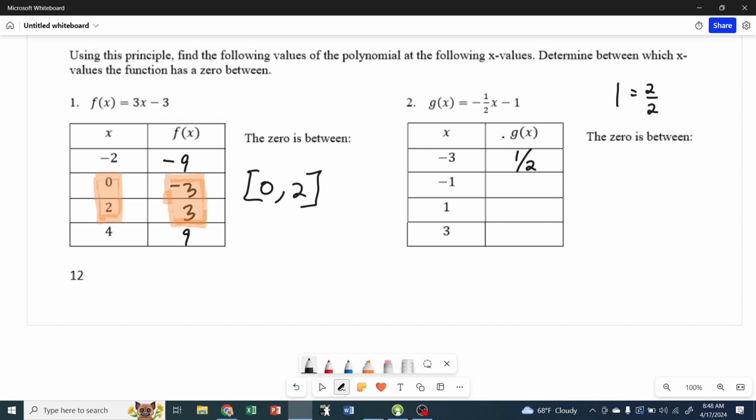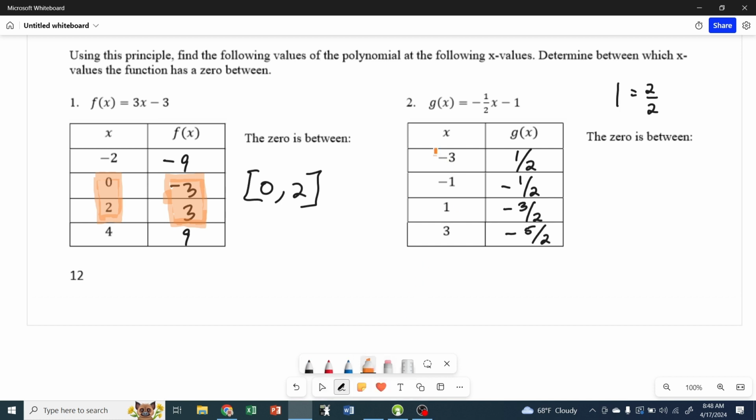Negative 1 times 1/2 is positive 1/2, minus 2 halves is negative 1/2. 1 times negative 1/2 is negative 1/2, minus 2 halves is negative 3 halves, and 3 times negative 1/2 is negative 3 halves, minus 2 halves is negative 5 halves.